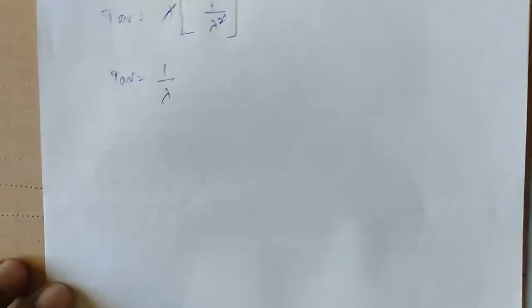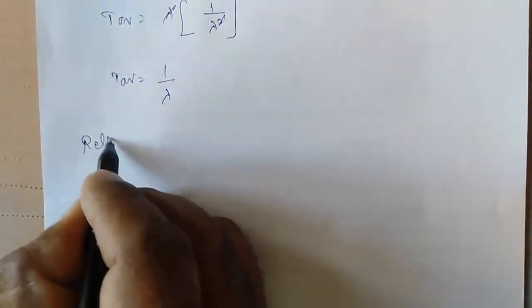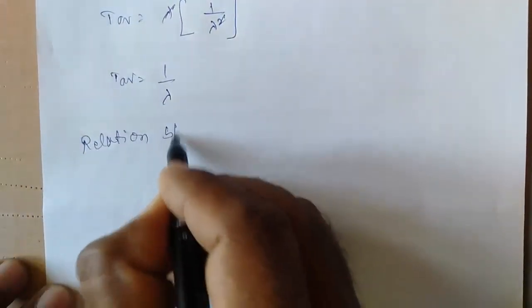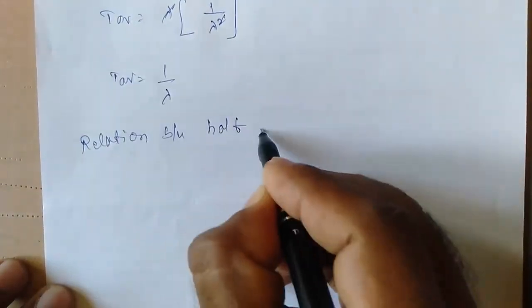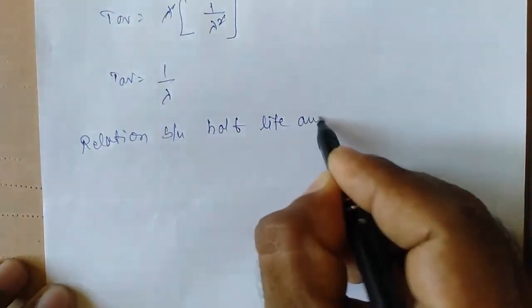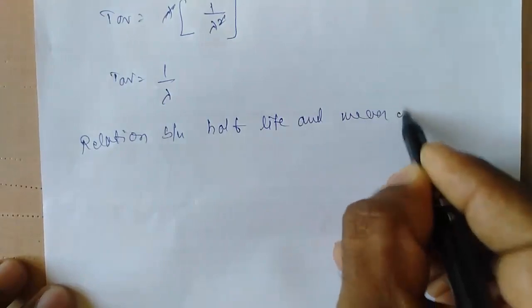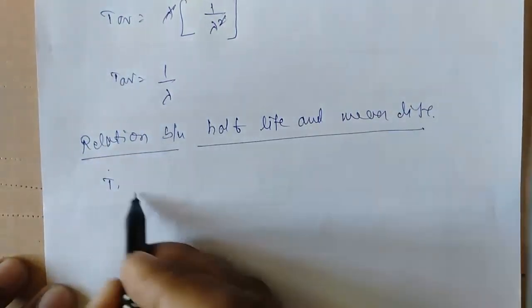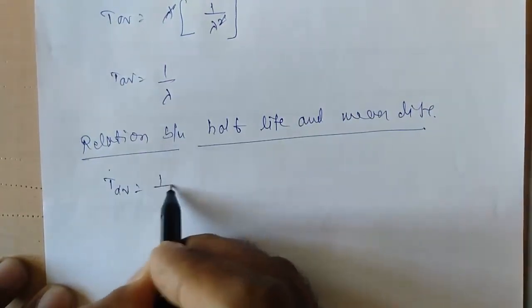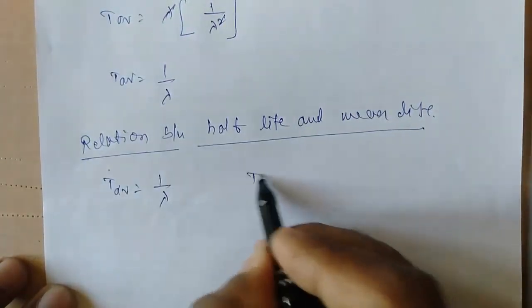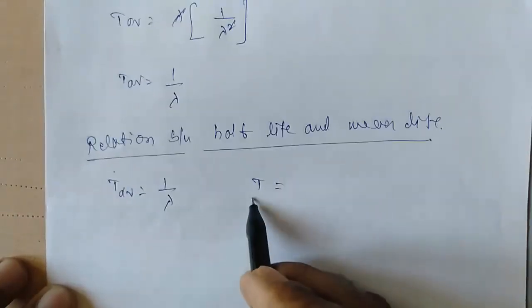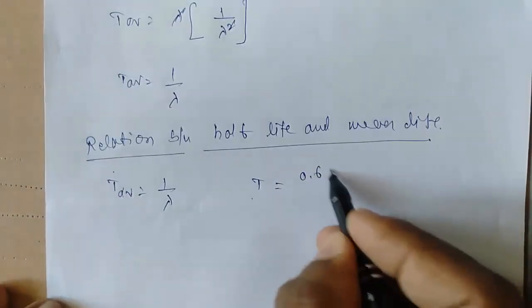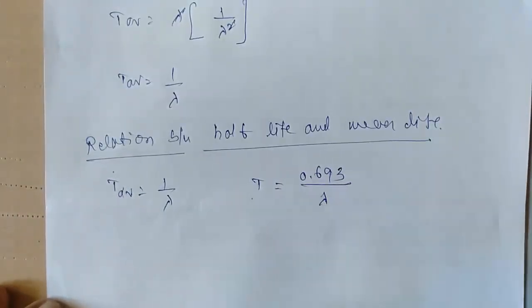Okay, now let us see the relation between half-life and mean life. Just now we have obtained the expression for mean life as T average is equal to 1 by lambda, and we have obtained the expression for half life, that is T is equal to 0.693 divided by lambda.